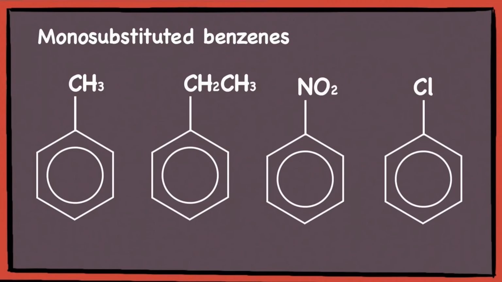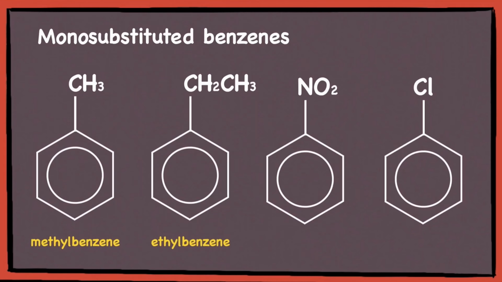For monosubstituted benzenes, meaning they only have one substituent group sticking out of the benzene ring, the name of the substituent group is added as a prefix to the word benzene. For example, if a methyl group is the substituent, the organic compound is called methylbenzene. And if the substituent group is an ethyl group, the organic compound is called ethylbenzene.